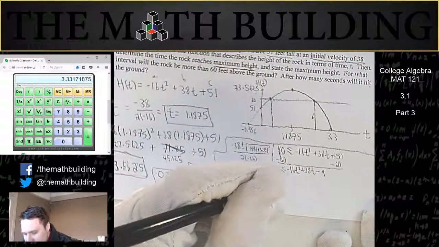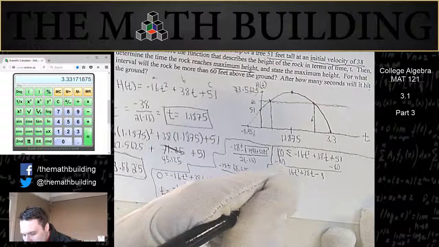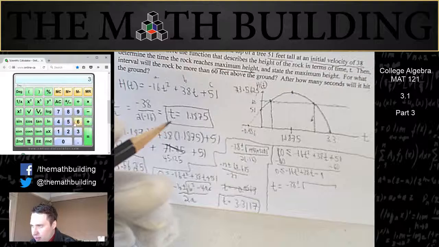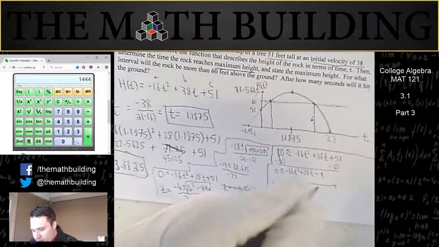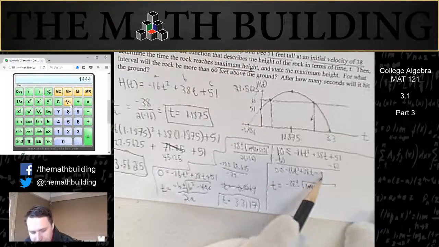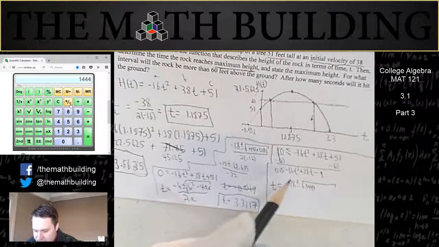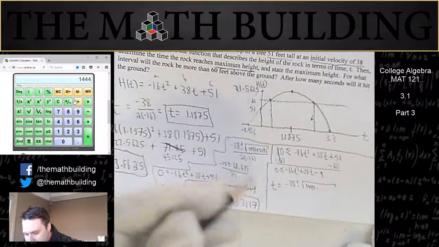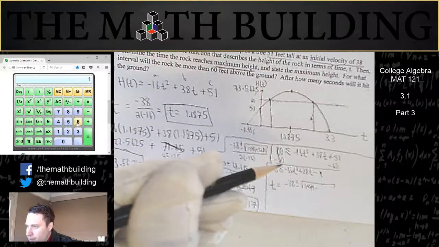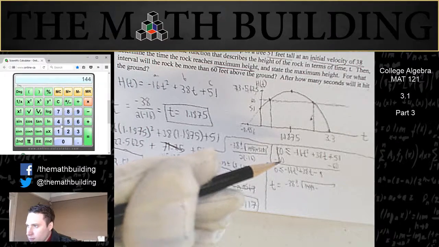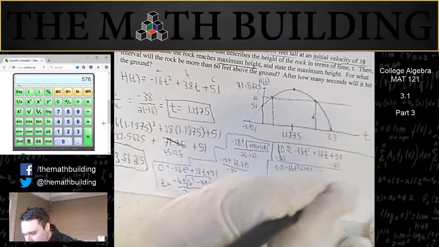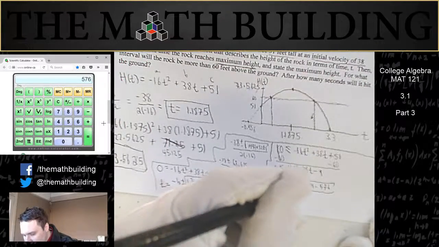So let's do that. t is equal to negative b plus or minus the square root of b squared, and 38 squared is 1444, minus 4ac. Now in this case, excuse me, this is going to be a subtraction because we have three negatives. So 16 times 9 times 4 is 576. All divided by 2 times a.